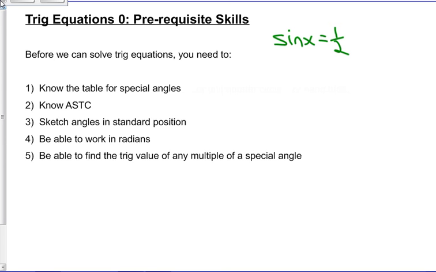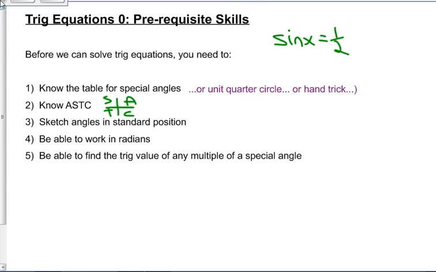As I see it, it's these 5 things that are listed here. Know the table for special angles, which means sine 30, sine 45, or you might know the unit quarter circle or a hand trick or something equivalent. Know ASTC, which means in what quadrants in standard position we have positive sine, tangent, and cosine.